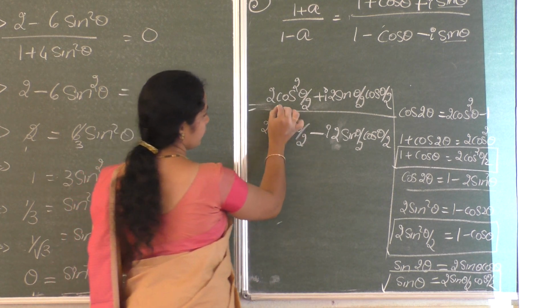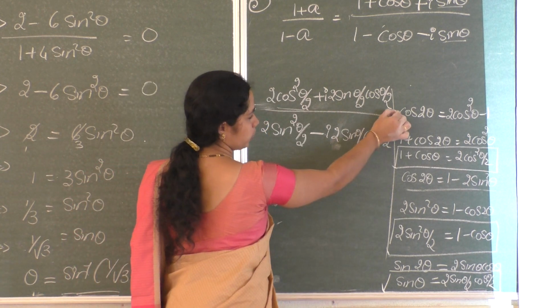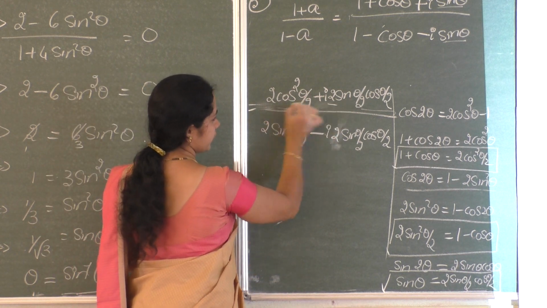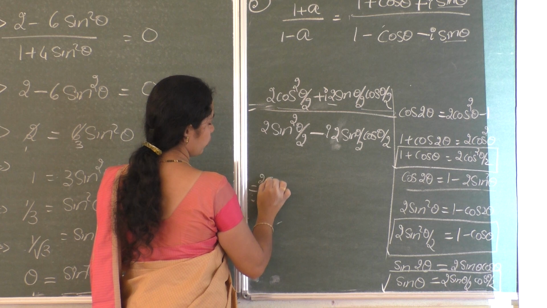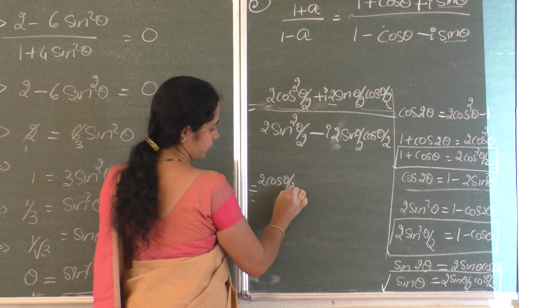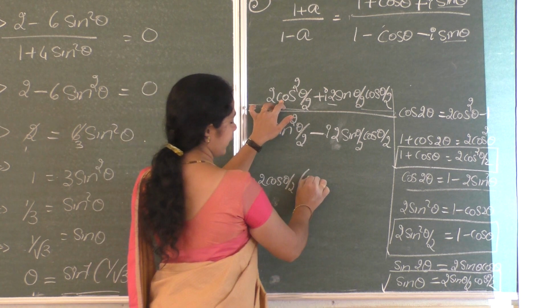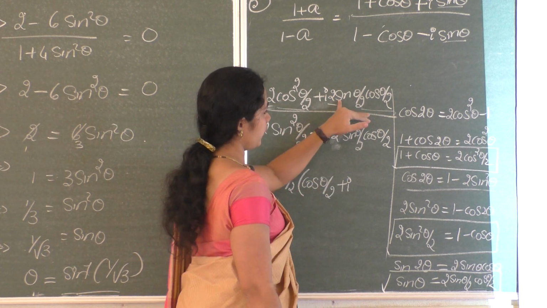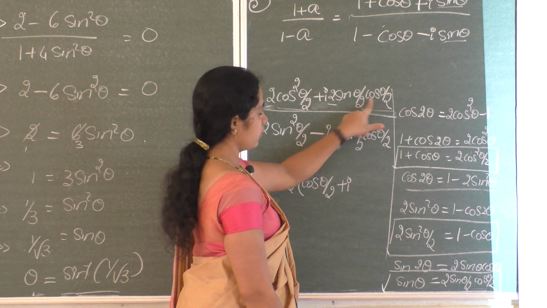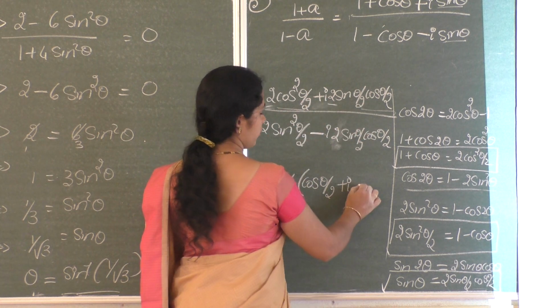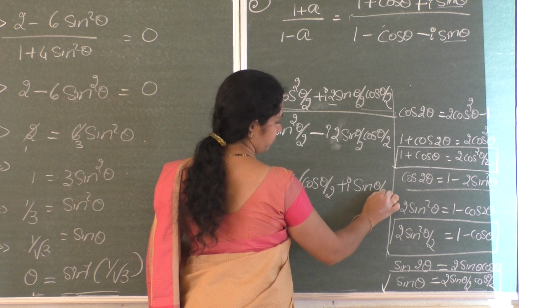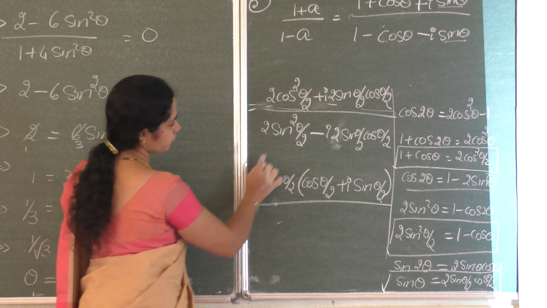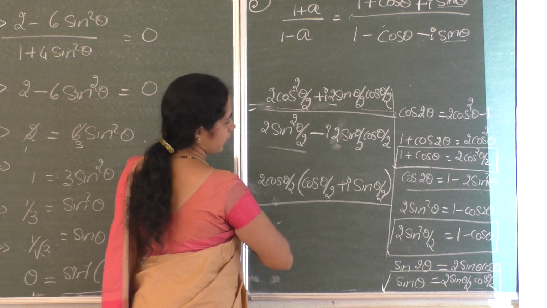Now we have cos square theta by 2, here cos theta by 2. Take common outside, 2 is also common, let us take it outside, 2 cos theta by 2. What is remaining? Cos theta by 2 plus I into sin theta by 2, divided by sin square theta by 2.